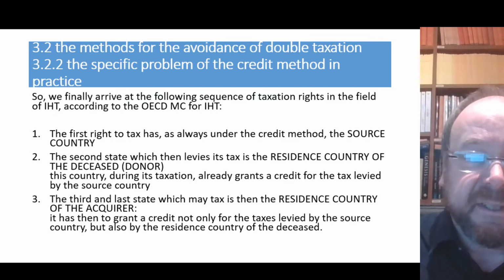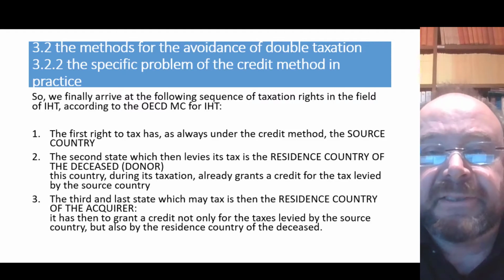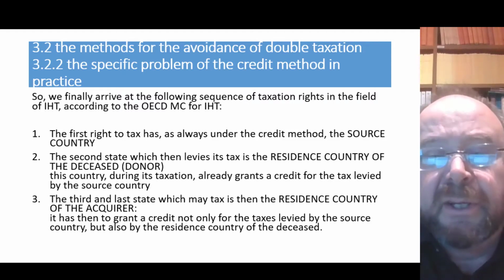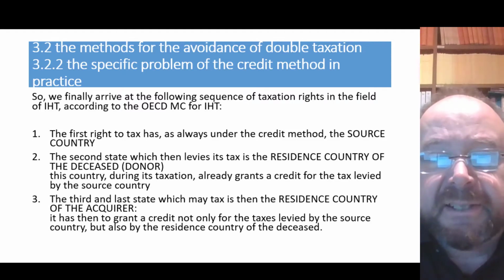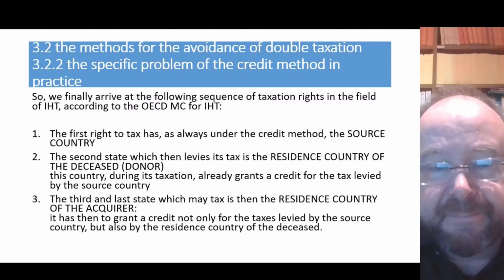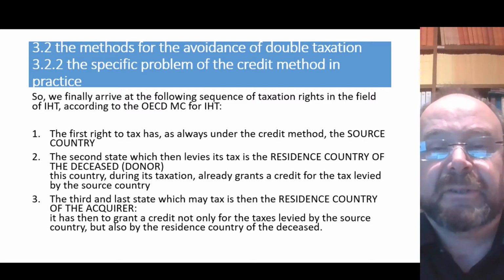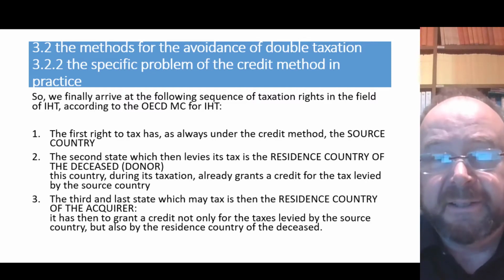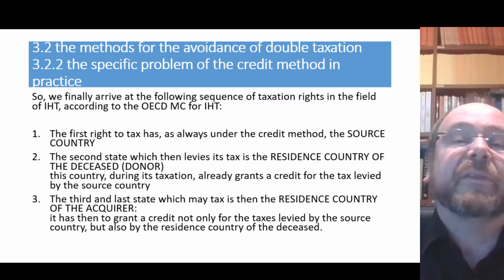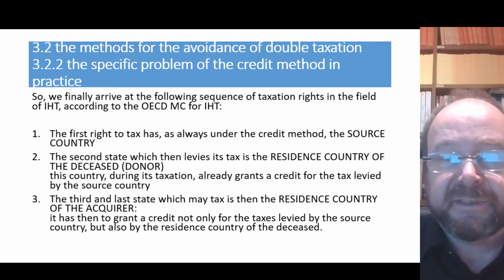And the third and last state in line is the state of the acquirer, which credits the taxes levied by the first two states. So in the end, you have everything credited and you end up with a single taxation on the highest level in one of the three states.